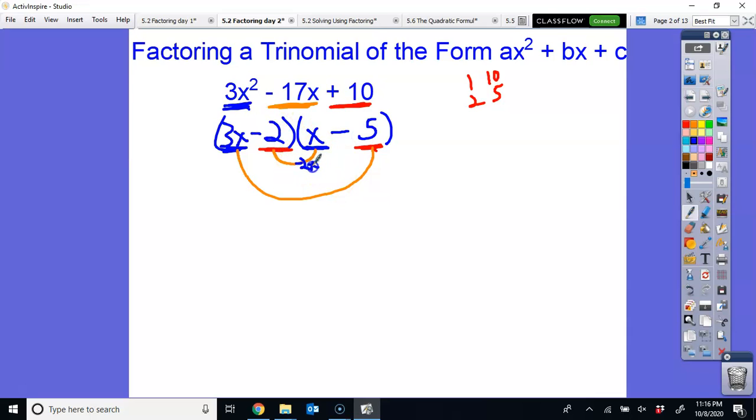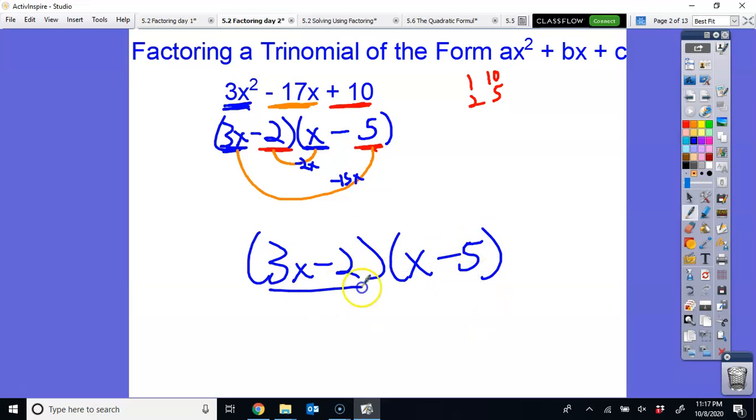That gives me -2x. 5 times 3, that's -15. What's -2x and -15? -17. So 3x minus 2 times x minus 5 is the factors of this. Meaning this times this equals 3x squared minus 17x plus 10.